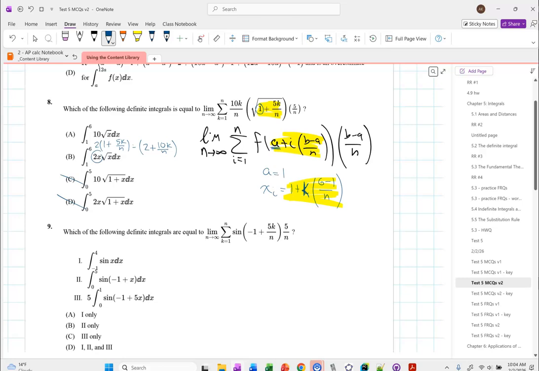Doesn't look like it. How do you know what n is? We're never going to know what n is. N is the number of slices we make for our Riemann sum, which is always going to infinity.